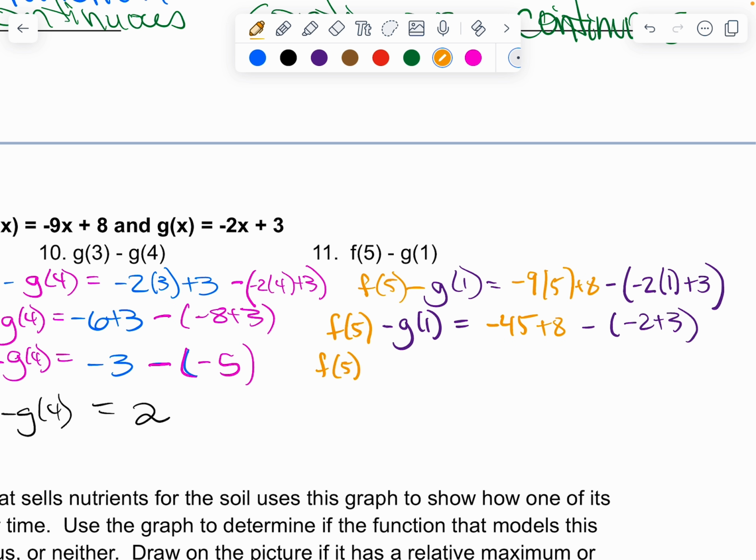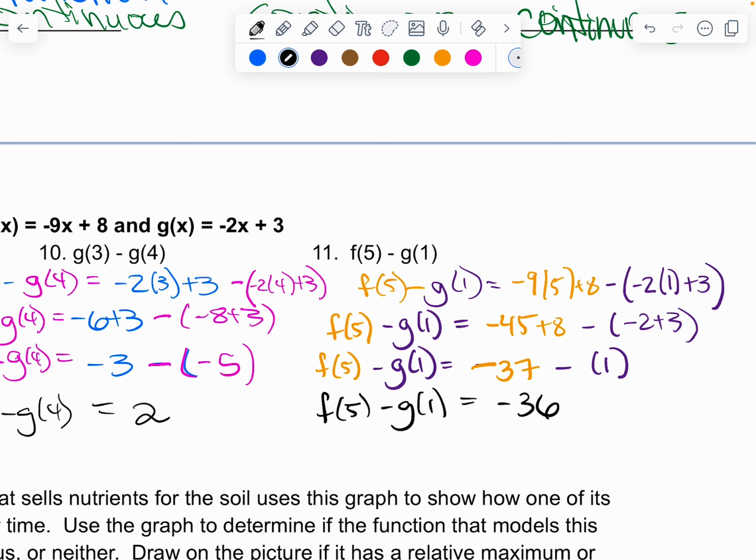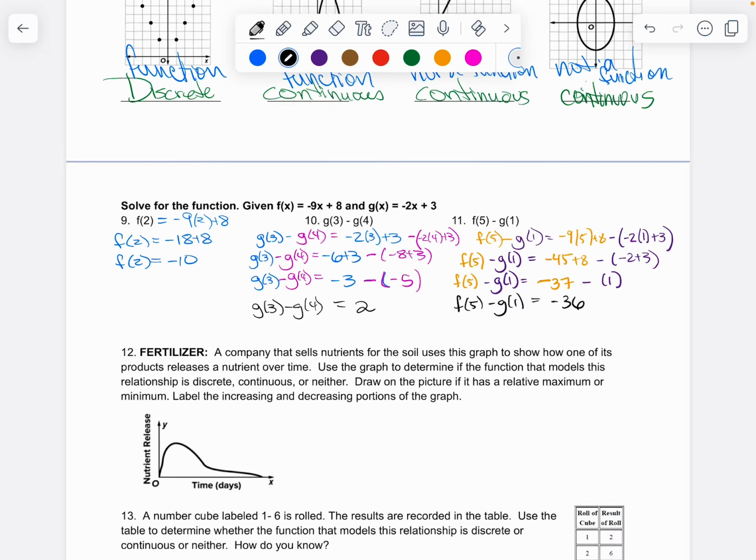So f of 5 minus g of 1 equals negative 37 minus 1. So f of 5 minus g of 1 equals negative 38. Okay.